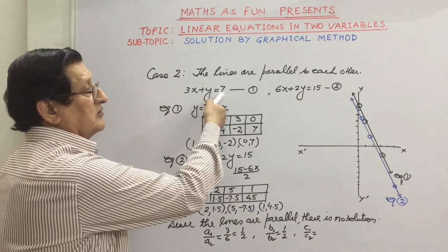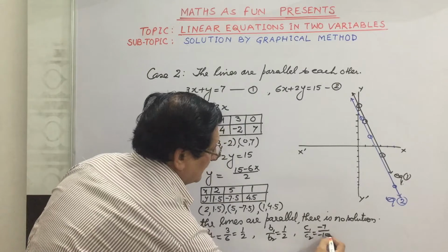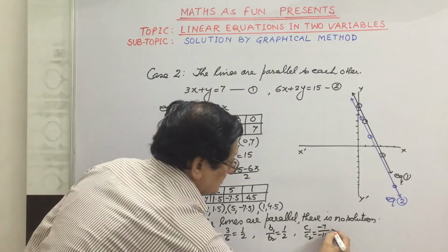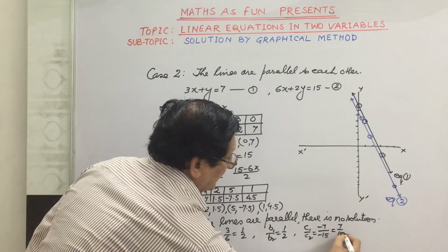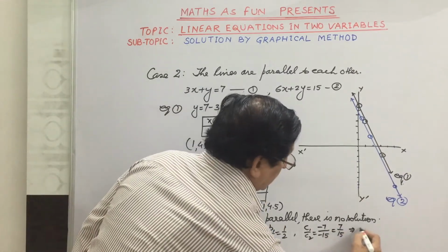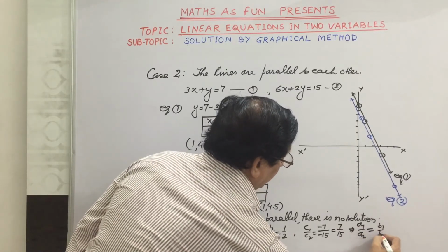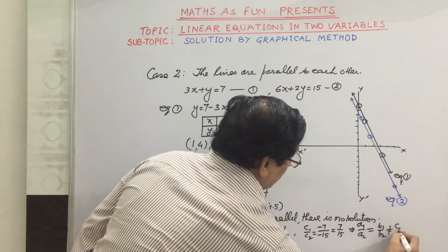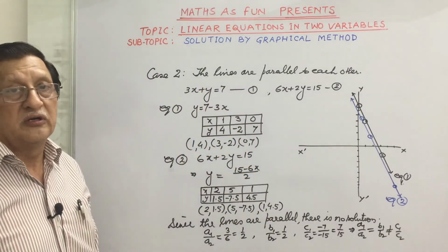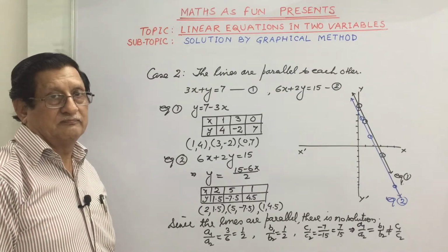That is minus 7 upon minus 15, because we have to transpose them onto this side. And then this comes as 7 upon 15. So we are finding a1 upon a2 is equal to b1 upon b2 but not equal to c1 upon c2. This is the condition for no solution of the equations.